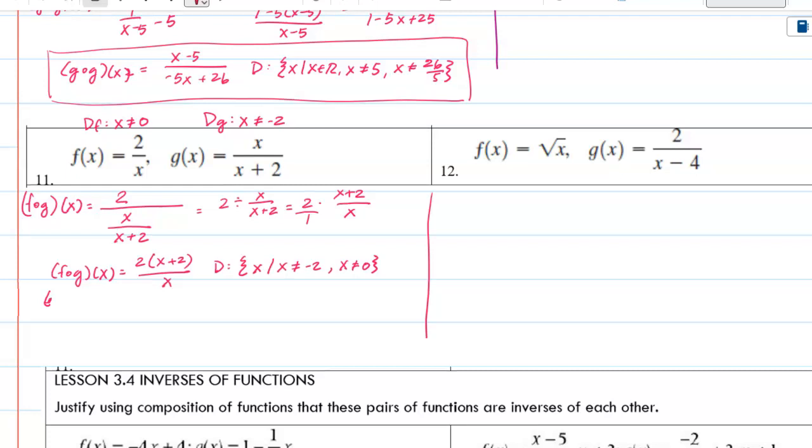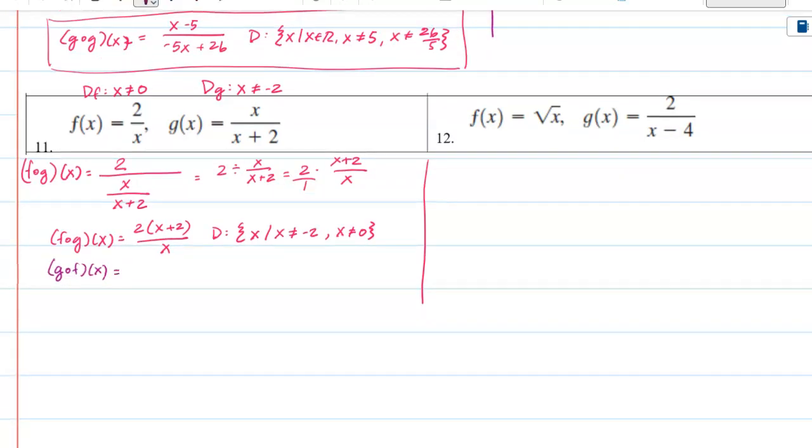Okay. Next, g of f. The input function is g, so I have to put 2x here and 2 over x here. So I get 2 over x over 2 plus 2x over x. Remember, the denominators of the two compound fractions are the same, so I could just put 2 over 2 plus 2x.